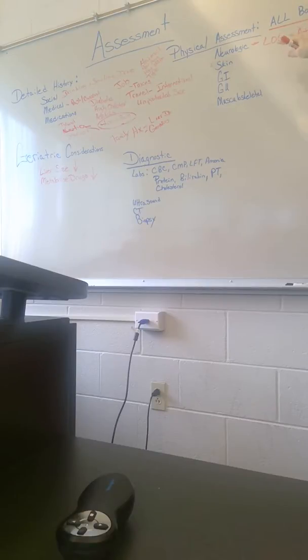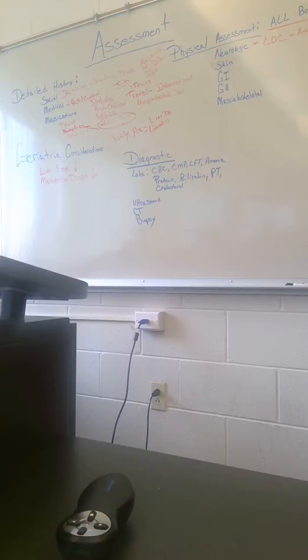Some of the things that can... the reason you got to do such a good assessment is because one thing will lead back to something else. Like dehydration will cause the ammonia level to be more elevated, and that'll cause the confusion to be worse. These folks can have fluid overload but be dehydrated at the same time. I know that's strange, but they can be fluid overloaded from the ascites.